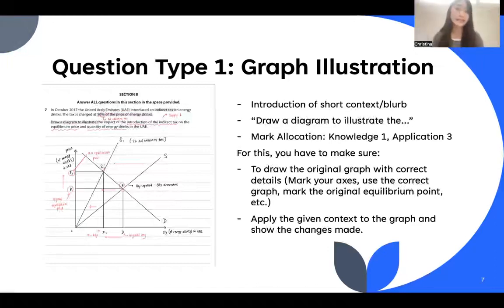It says the tax is charged at 50% of the price of energy drinks. 여기서 이 문제를 읽을 때 기억해야 되는 점들은 뭐냐면 what you need to highlight is going to be the indirect tax, right? indirect tax면 어떤 그래프를 요구하는지 좀 알겠죠? 그 다음에 그 indirect tax 밑에 2가지 types가 있어요.